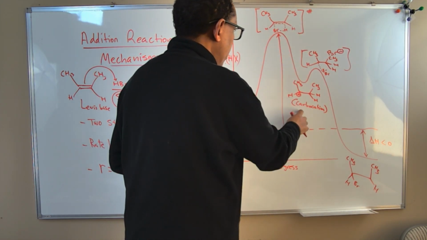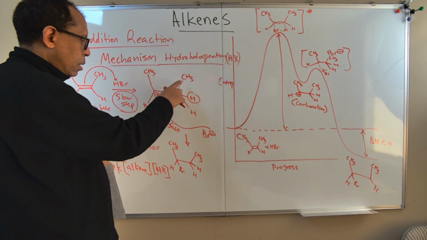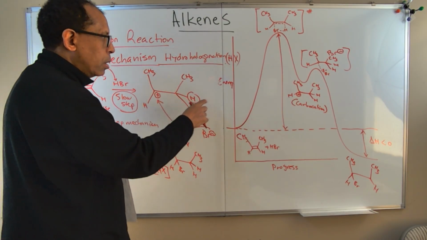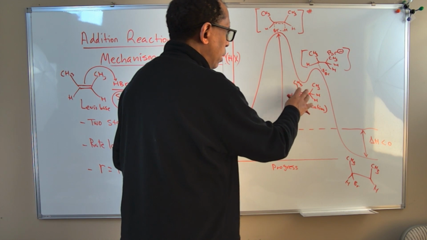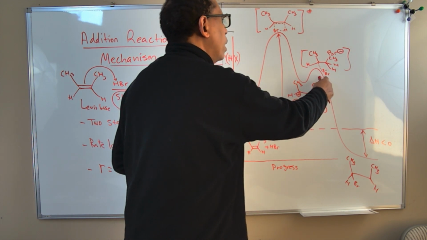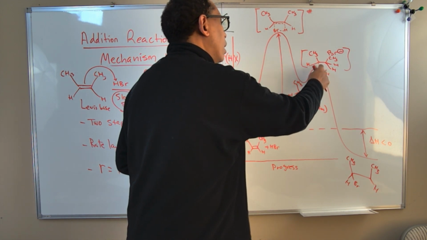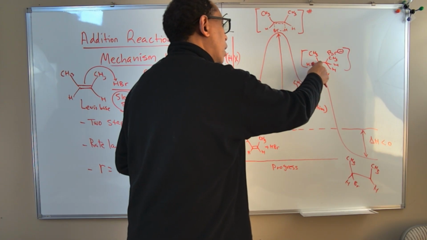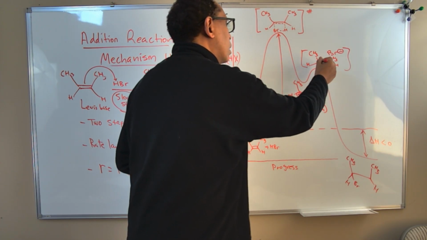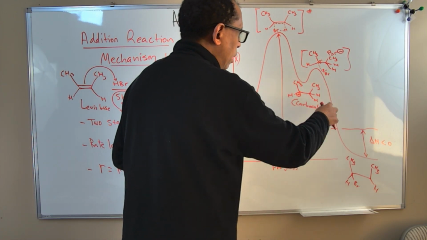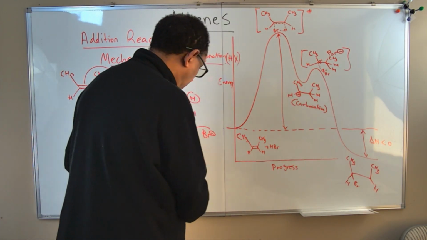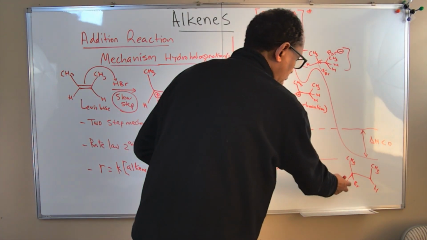So the carbocation intermediate, which I showed here, is this one. And the carbocation is relatively stable. Now the Br minus starts to make a bond between this carbon and this delta plus center. And finally, the Br would attack and form this product.